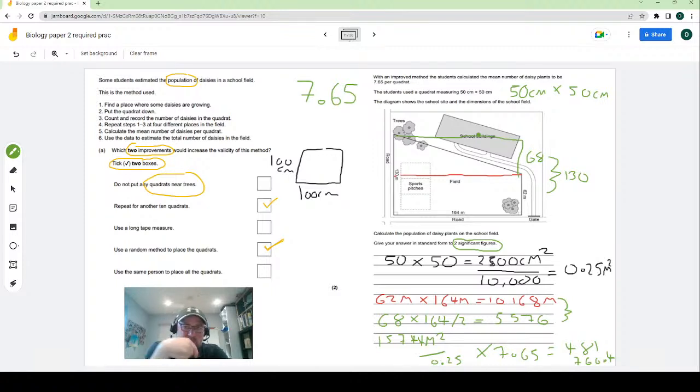We've even got sports pitches there. How could that affect the amount of daisies in the field? Yeah, they could. They're biotic factors. They could trample the daisies and kill them. So students are living things as well. How much the caretaker waters the field, that's an abiotic factor because it's not alive, but water's needed for photosynthesis. You can link that to your science.